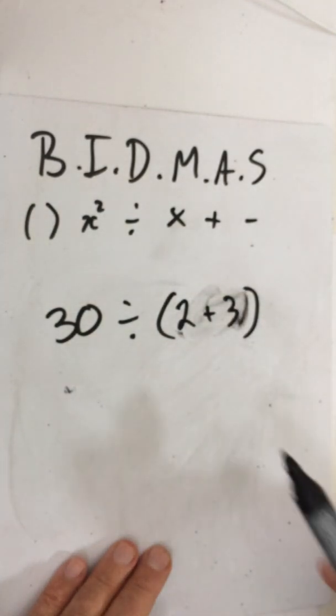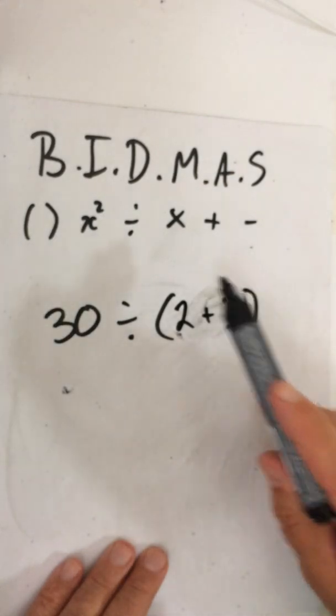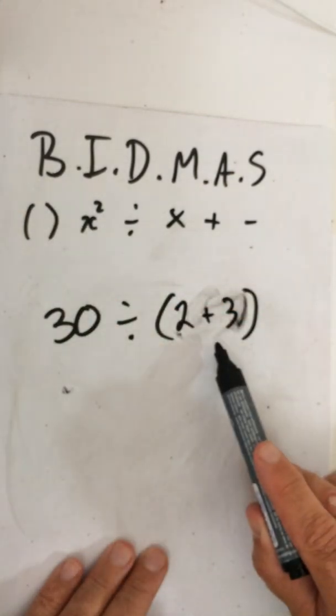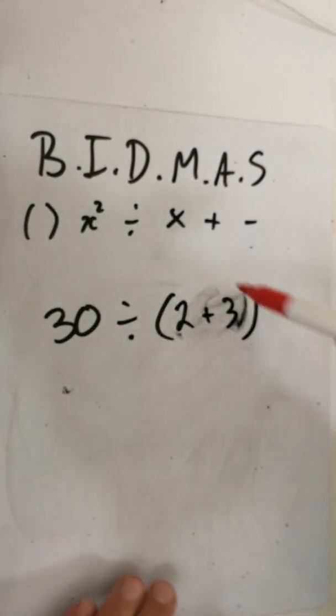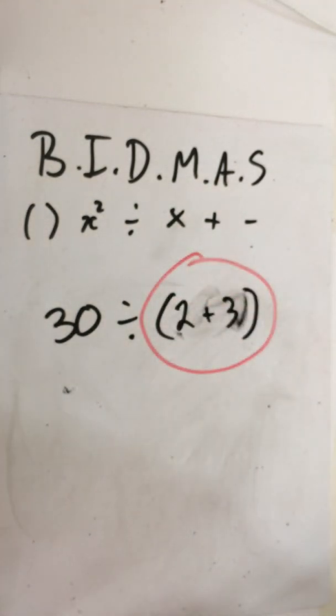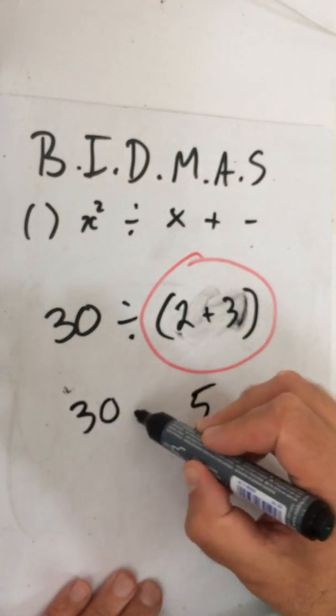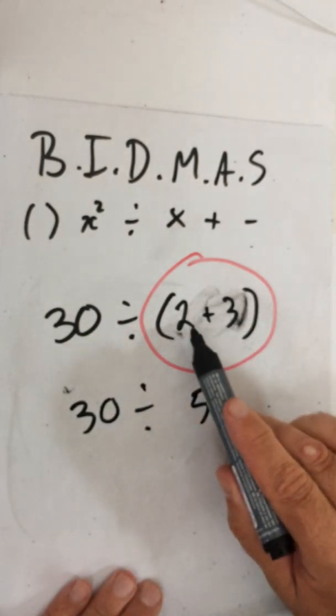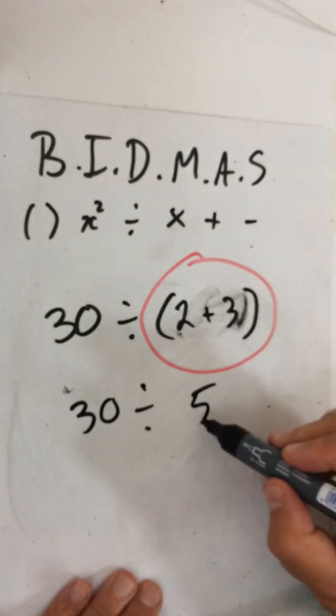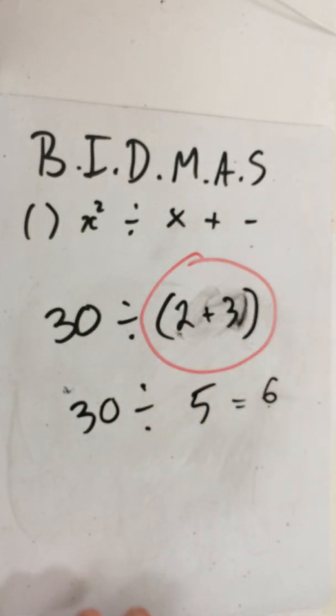So on this one, again, BIDMAS tells me I have to do the brackets first. Okay, here's my brackets, the question in the brackets. So I add those together. 2 plus 3 is 5. Then I'm going to just leave the rest the same. 30 divided by 5. How many 5s in 30? 6.